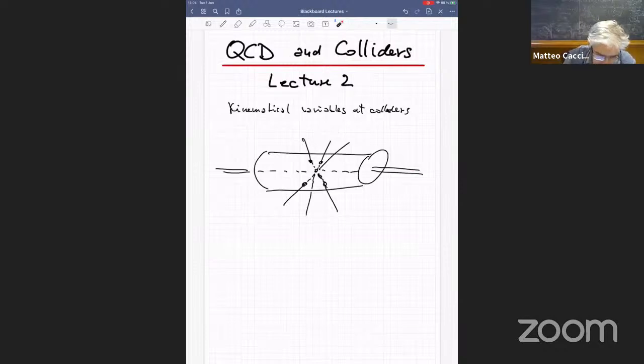So we typically set up, so you have your beams. These are your proton and the other proton that comes from the other direction. Here you have your interaction. And so the first thing you do, you set up a polar angle theta from the beam pipe.